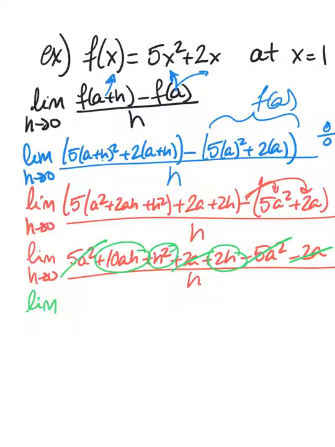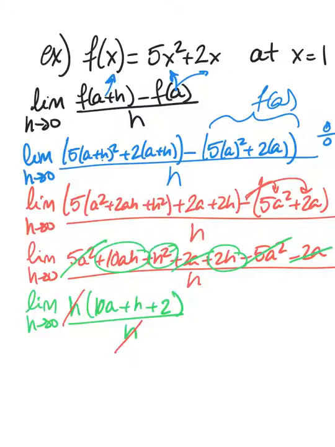So now I can take an h out, and I get 10a plus h squared, that means I still have 1h left, plus 2h just becomes 2, all over h. All right, h over h cancels out, and here I'm just going to take the limit.